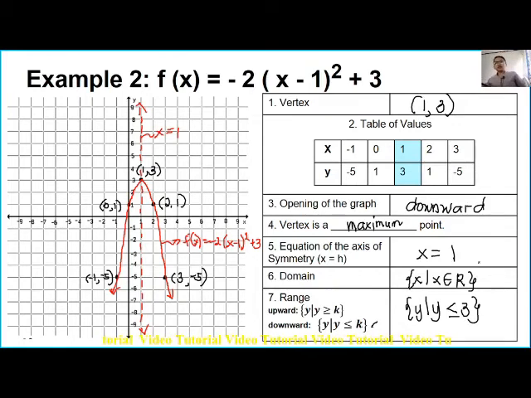So now we have already graphed this quadratic function, and we have identified certain parts: the vertex; the intercepts, which are on the table of values, the x-intercepts and y-intercepts; the opening of the graph, whether upward or downward; the vertex, which is a maximum or minimum; the equation of the axis of symmetry, which is x equals h; the domain, which is the set of all real numbers; and the range, y is greater than or equal to, or less than or equal to, k.